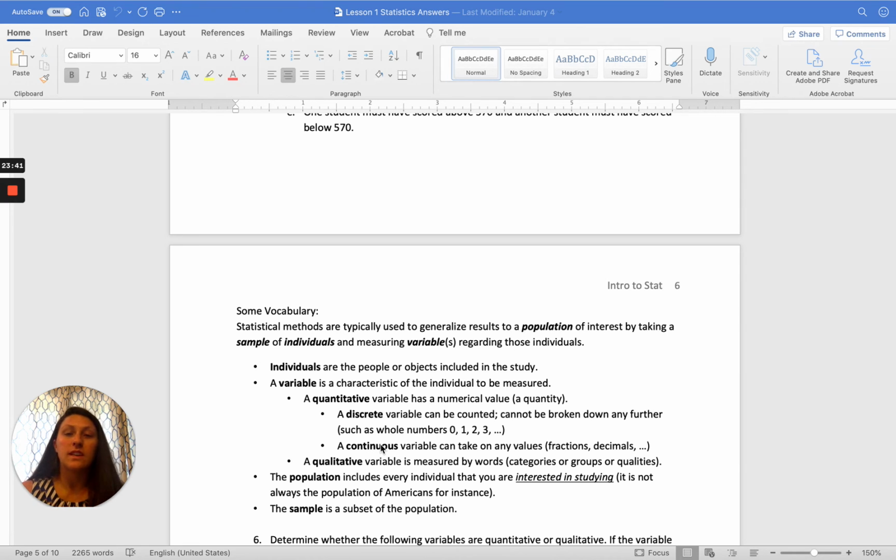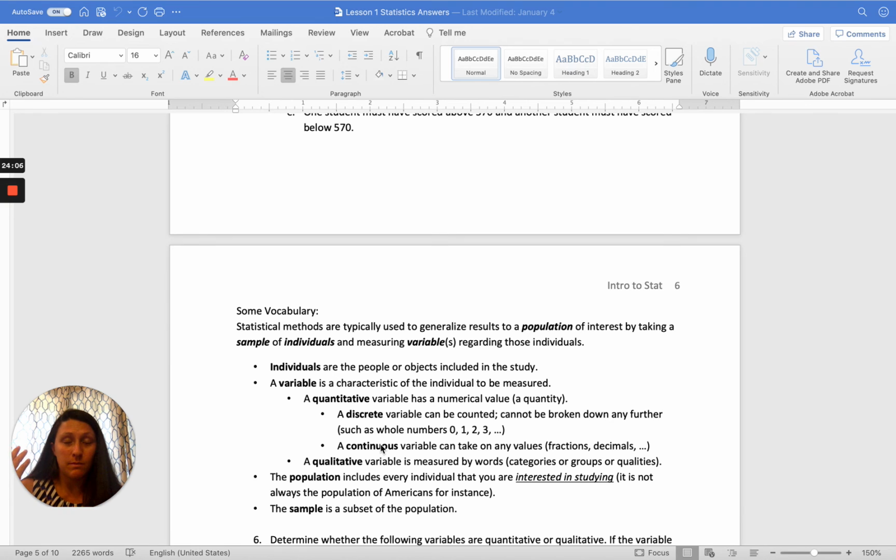Continuous variables are things where if I get a more accurate tool to measure that, I can always give you a more accurate measurement. So like my height, I'm 5'5". But if I get a really precise ruler, I can tell you that I'm 65.18752 inches, right? And I can keep going with that decimal. So that's called a continuous variable because I can always get more precise.